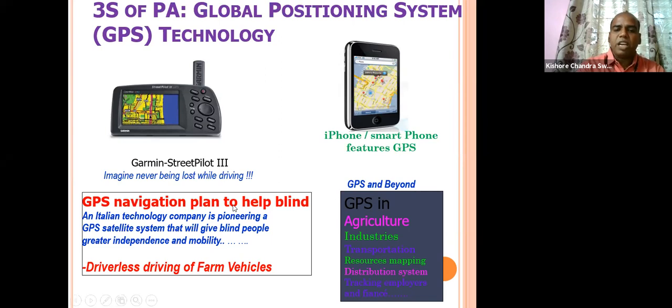GPS can be used in many sectors, like to help blind people, and we are using it for driverless driving of farm vehicles, and it has been used in agriculture, industries, transportation, resource mapping. This is not new to us, but still we are able to use it in agriculture to get better production.